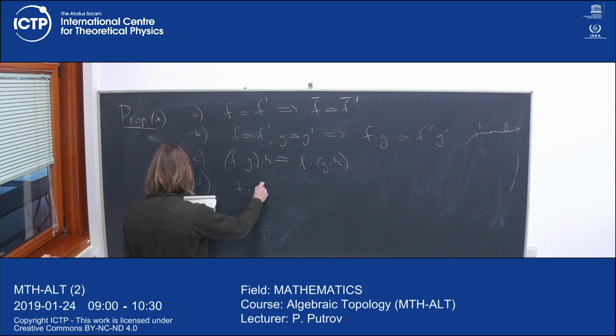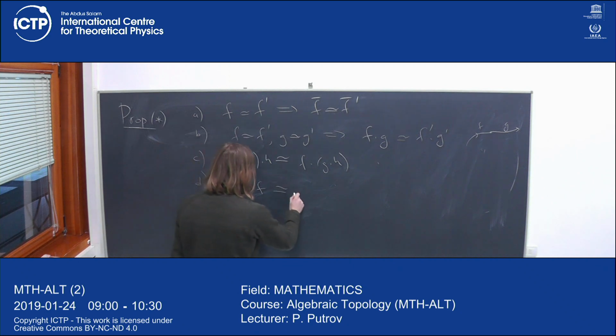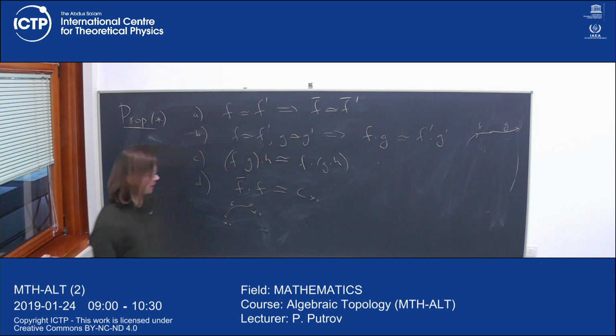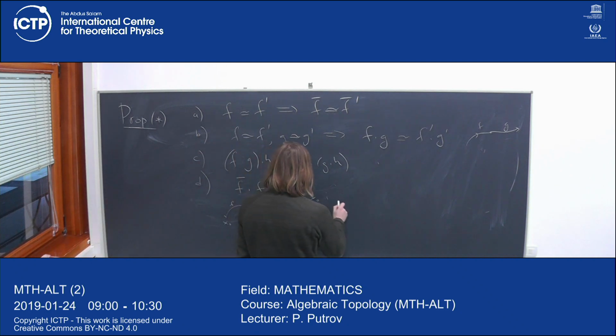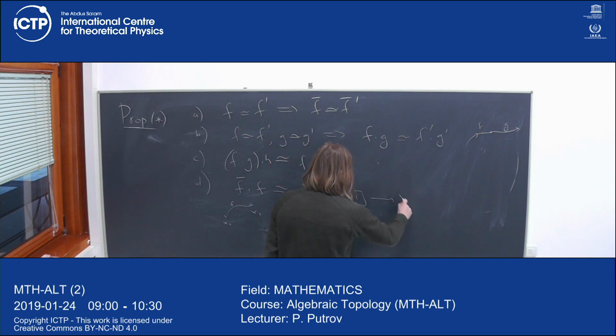And then finally, the composition of a path with its inverse path is homotopic to a constant path. If I consider a path f that starts at x0 and ends at x1, it's homotopic to a constant path, a function from 0 to 1 in which everything is mapped to just a constant.